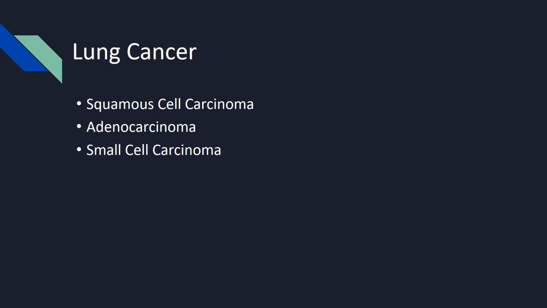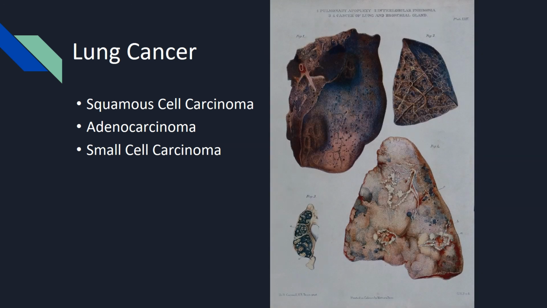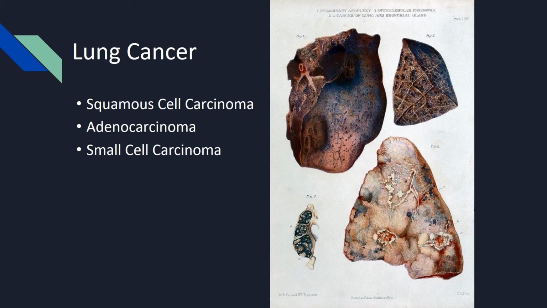You also have lung cancers, and you have squamous cell carcinoma, which develops in the epithelium of the bronchi, adenocarcinoma, which spreads out around the lungs itself, and you also have small cell carcinoma, which is fast moving and aggressive.